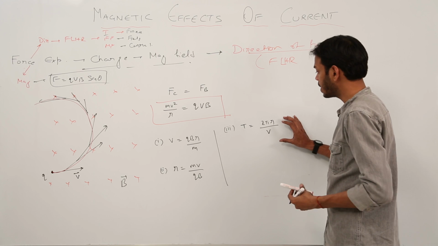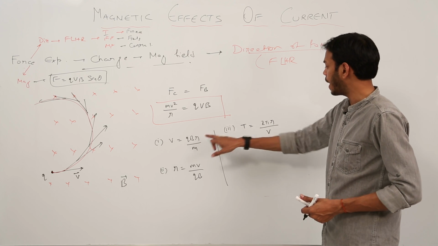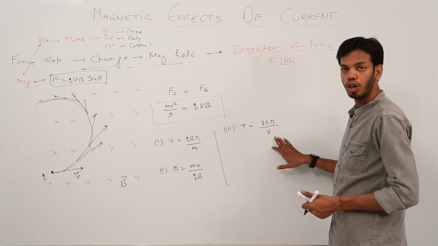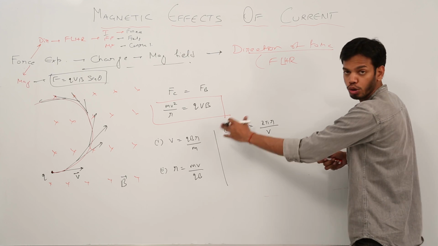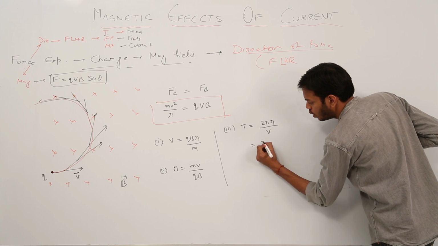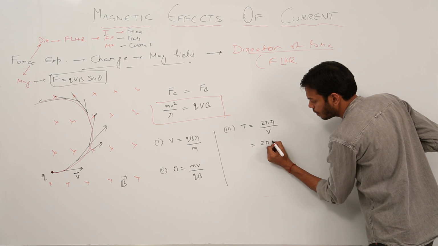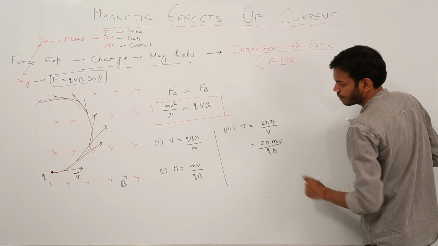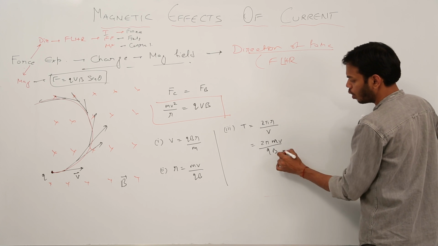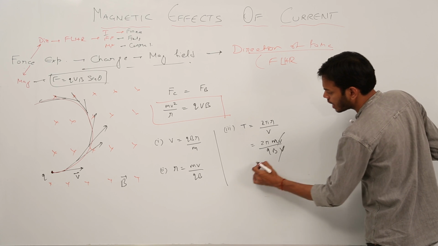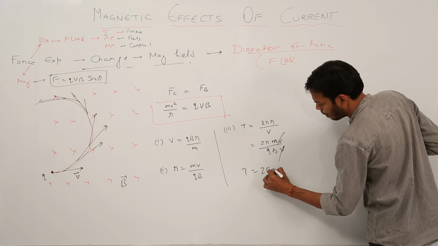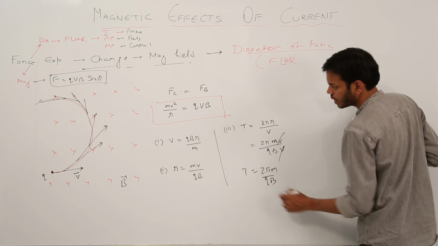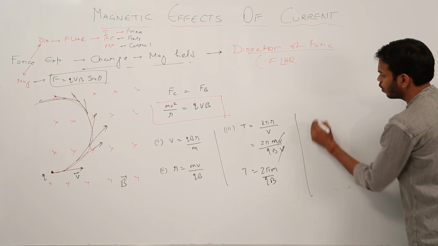Now, in this expression, either put the value of r or put the value of v. Don't put the value of both. So 2 pi, instead of r, I am using mv upon qb and upon v. V cancels out. T is 2 pi m upon qb. This is number 3.